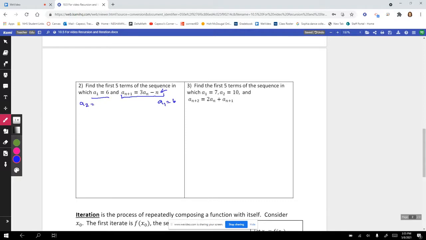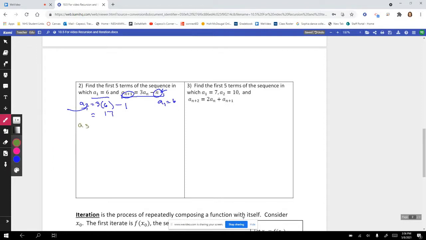Similar to what we did last time, it's going to be 3 times our previous value, which is 6, minus, now what is the value of n? Well, in this particular expression, it's going to be 1, right? Because a sub n plus 1 gives us 2. So in that case, the n value is 1. So this gives us 17.